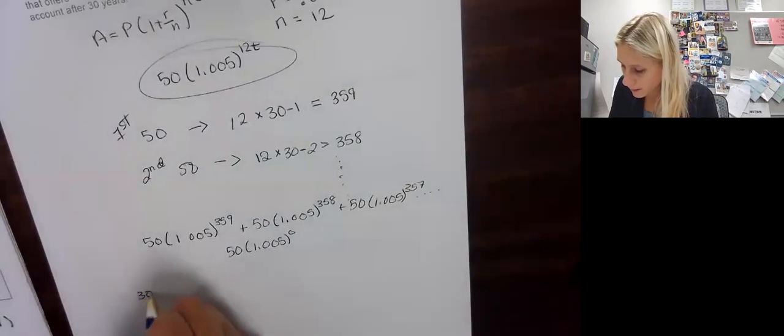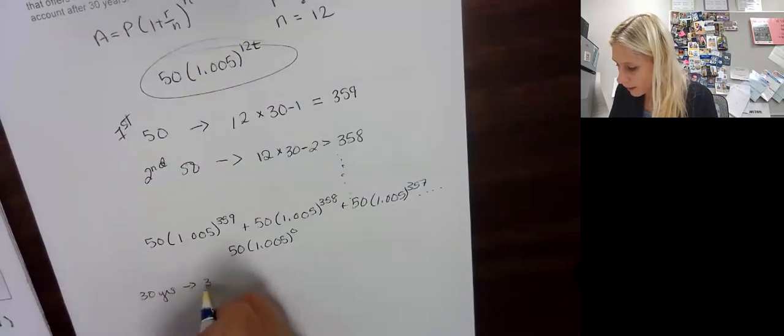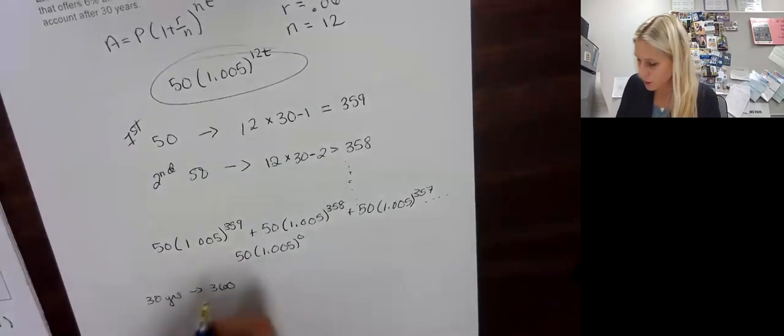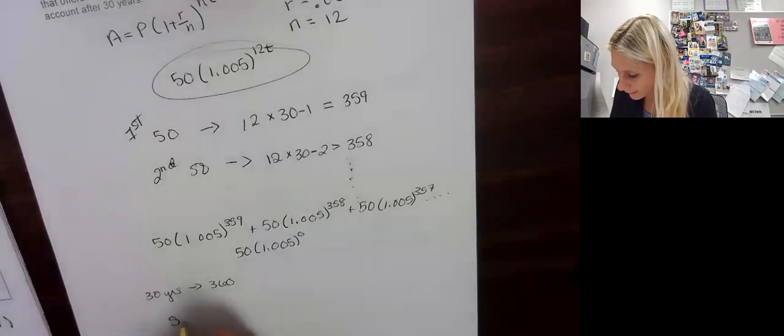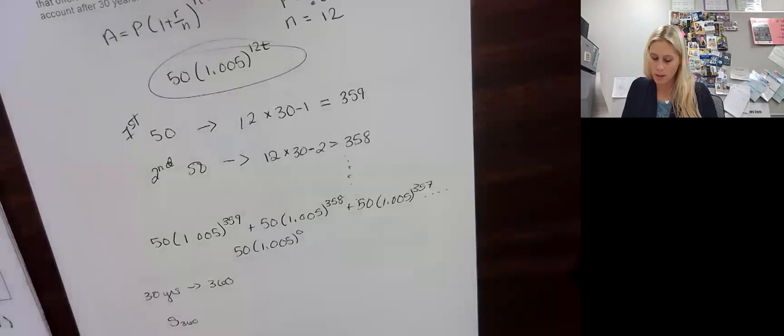All right, so in 30 years, we have 360 months. So what we are looking at is the summation of those 360 months. So we're going to use the summation formula. Remember, this is geometric because we're multiplying.